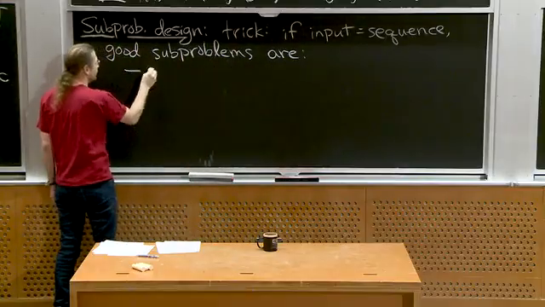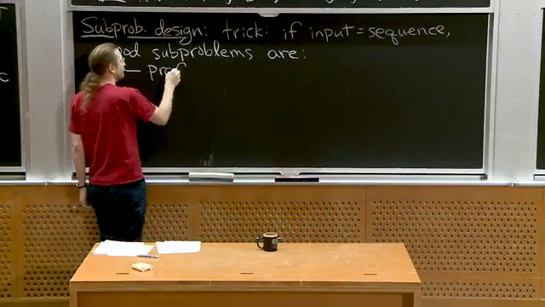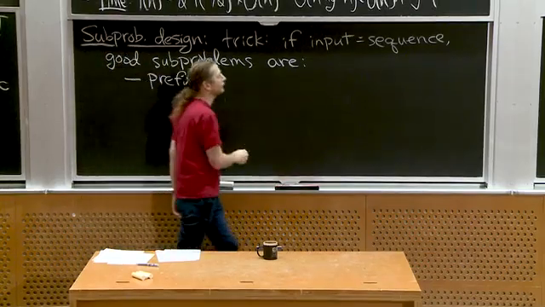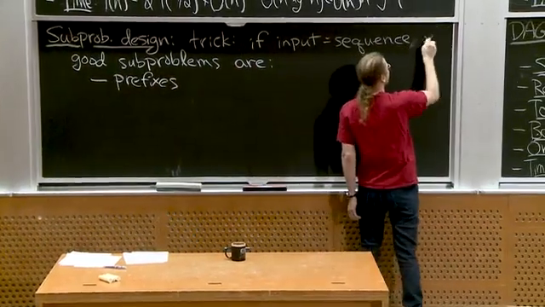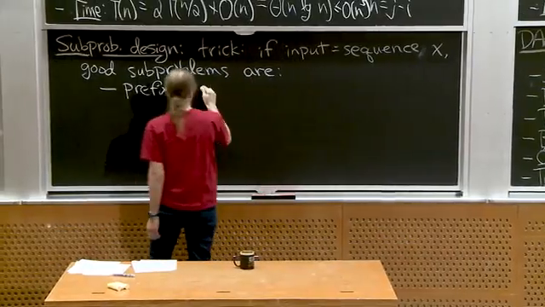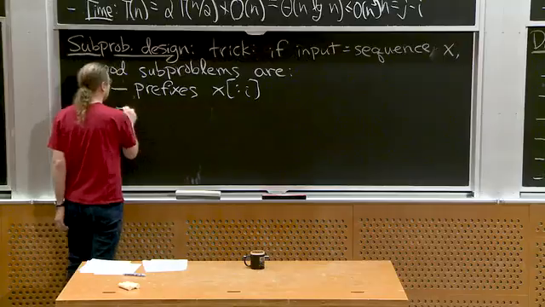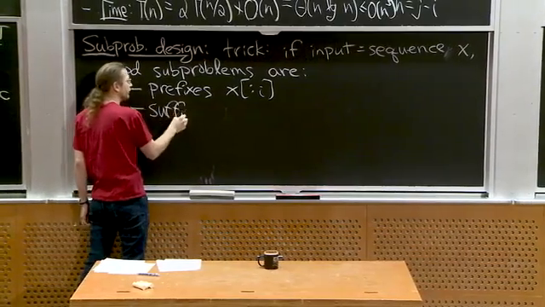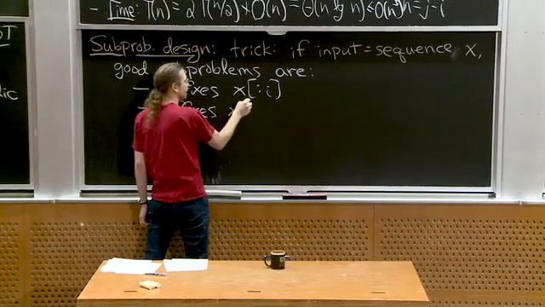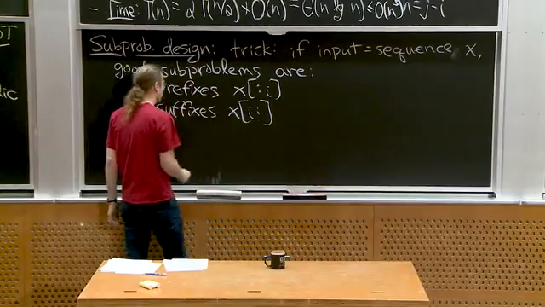We could do all prefixes. Let's call the sequence x. So x prefix means up to a given i, for all i. We could do all the suffixes, x from i onward for all i.